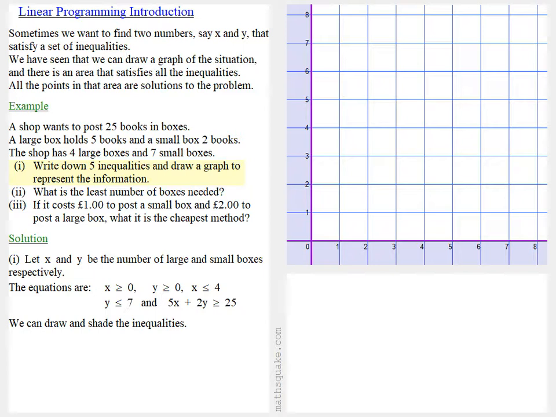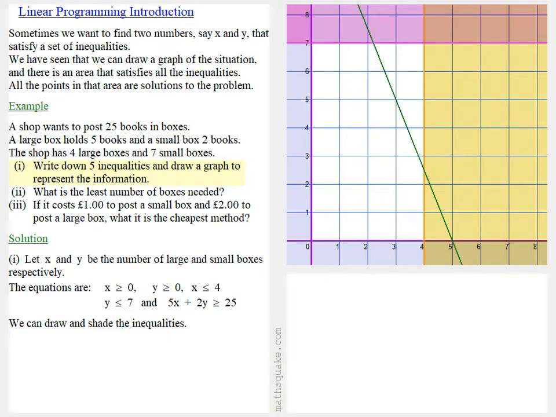Now we have x is less than or equal to 4, so we can draw a vertical line crossing the x-axis where x is equal to 4, and we want to shade out the right-hand side because that represents all the values of x that are greater than 4. Similarly, if y is less than or equal to 7, we can draw a horizontal line going through the y-axis at y equals 7 and shade out all the values of y that are above 7.